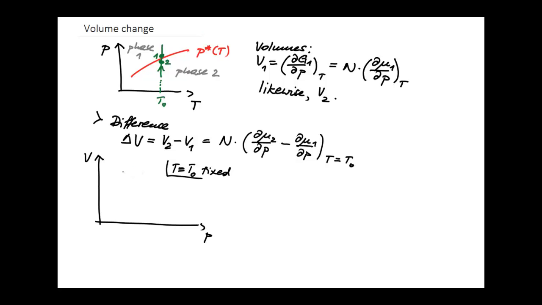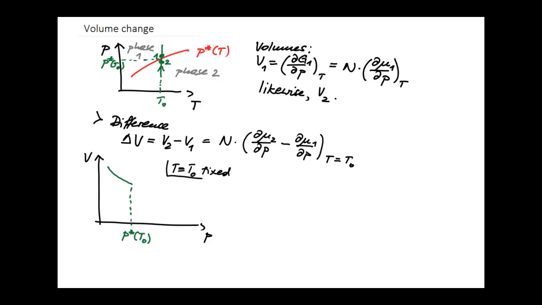So first we are in phase 2, and then at a certain pressure, which is P star of T0, at the phase transition, the volume may change by this delta V.